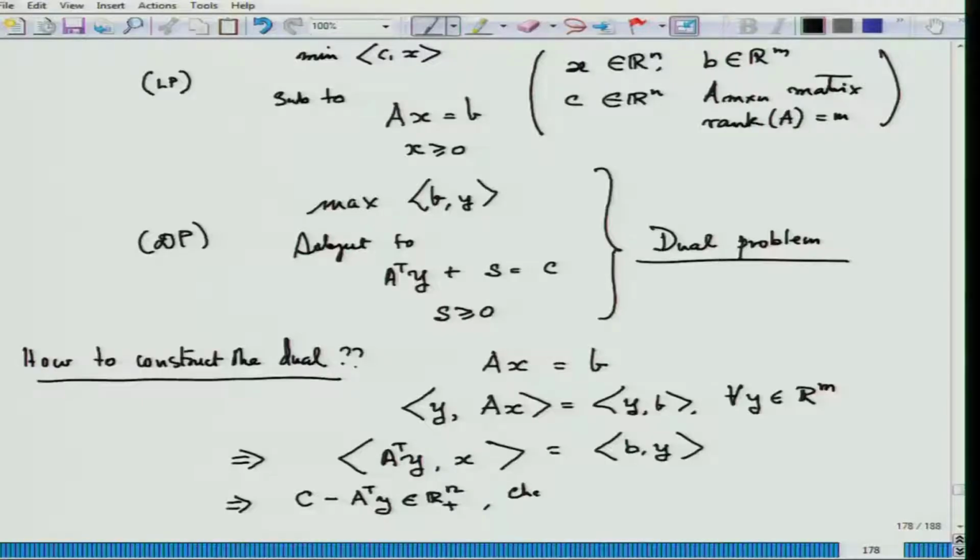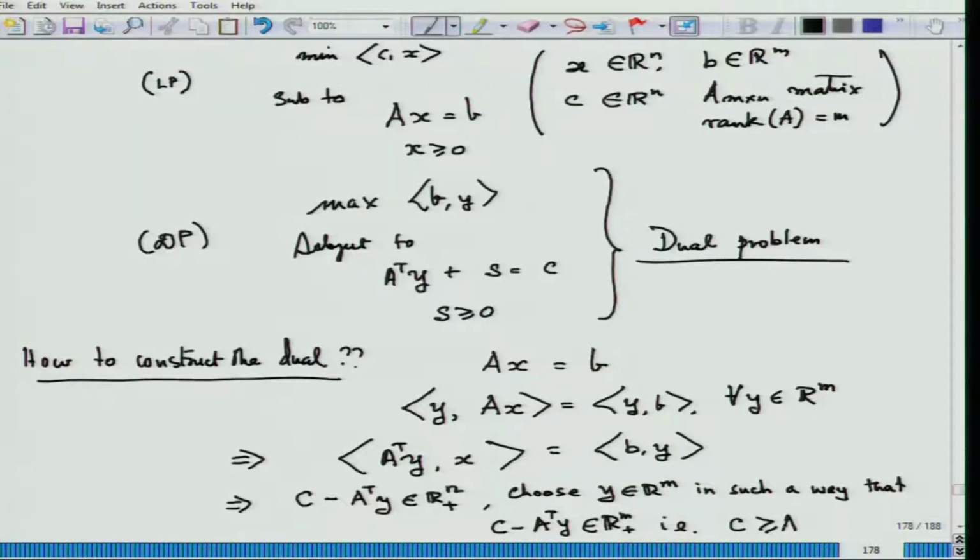That is, choose y an element of R^m in such a way that c minus A transpose y is in R^m plus, that is, c is greater than or equal to A transpose y.